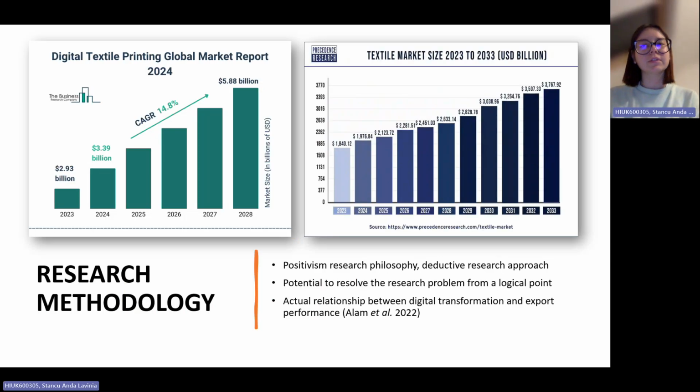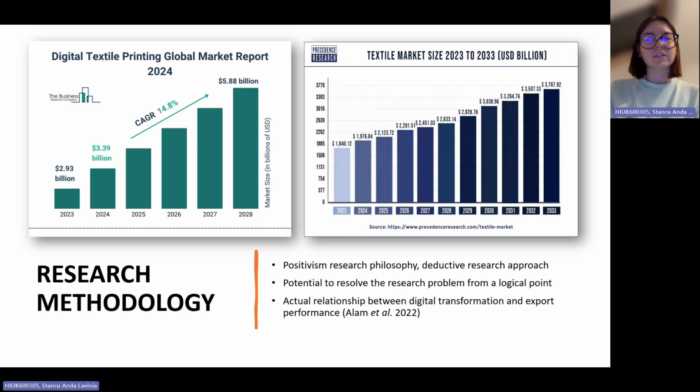To answer the predominant research questions, the present research has relied on the application of positivism research philosophy, a deductive research approach, and an experimental research design. The application of positivist research philosophy is highly justified because it has the potential to resolve the research problem from a logical point of view, and this will also ensure that the entire research will be free from any kind of bias.